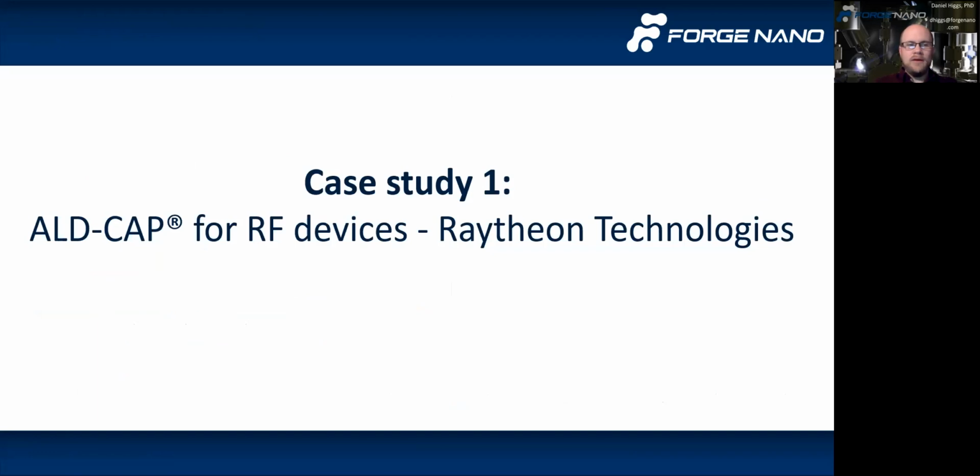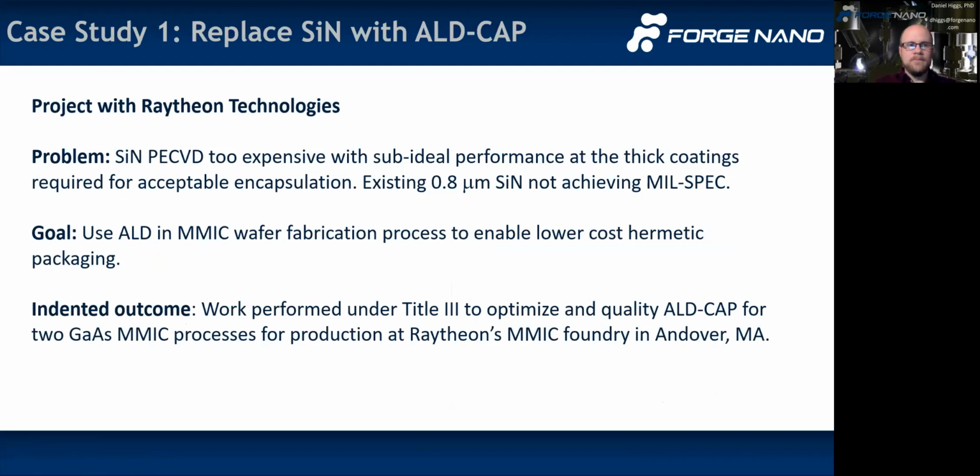So case study one is ALD-CAP for RF devices with Raytheon Technologies. So the problem was that the silicon nitride PECVD they were using was both too expensive and not high enough performing. It was about 0.8 microns, and it just was not achieving the mil spec required.